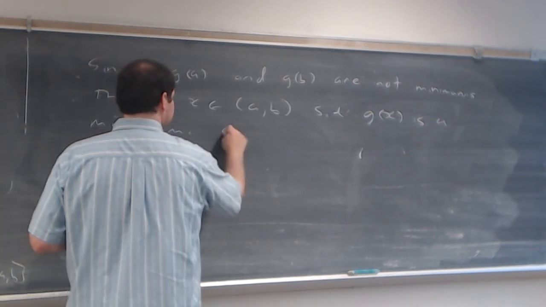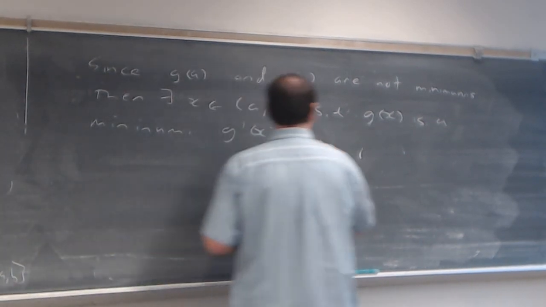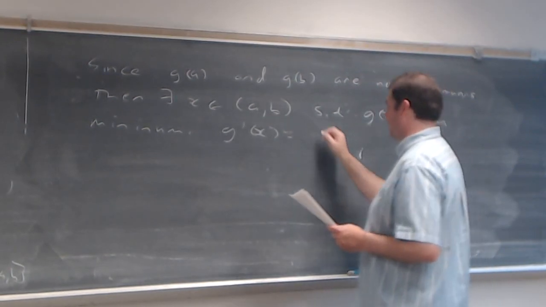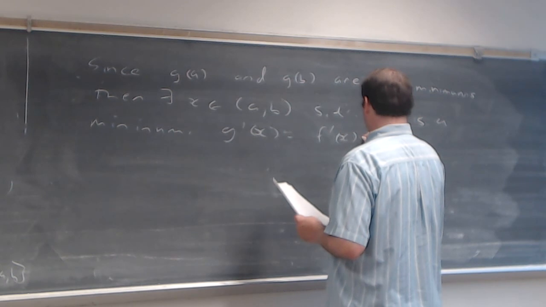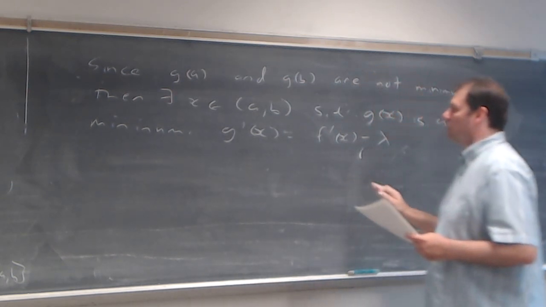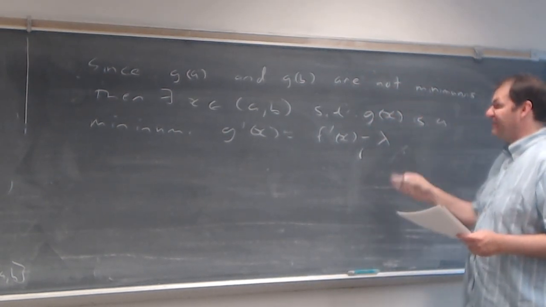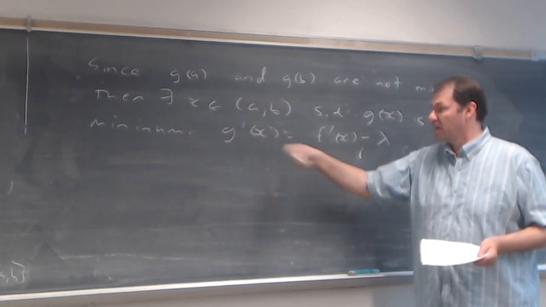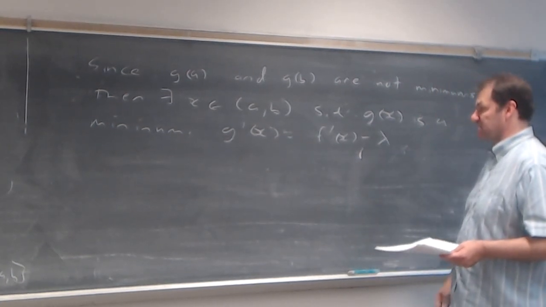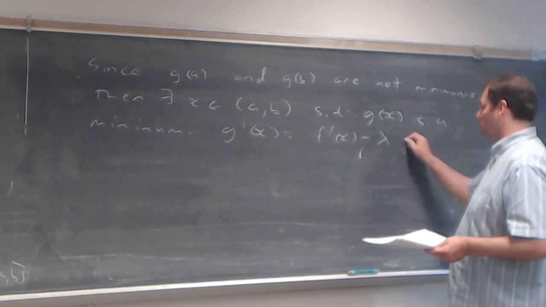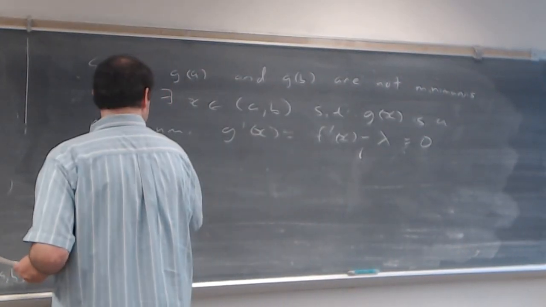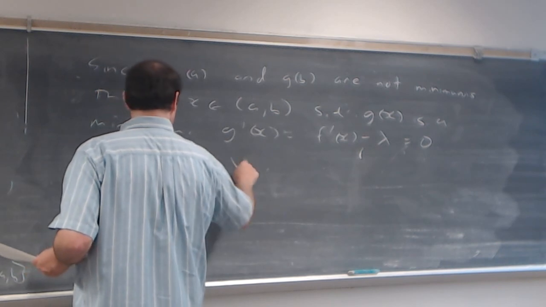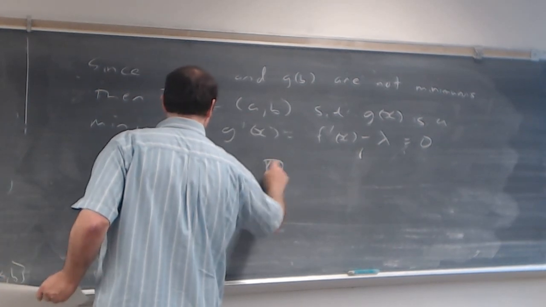So what that means is g prime of x, which if you remember the way that g is defined, is f prime of x minus lambda. Well, look, when you have a minimum or a maximum, and the derivative exists, and here it does, then that derivative is going to be equal to 0. So that's what we have here. So that says that f prime of x must be equal to lambda. And that is the theorem.